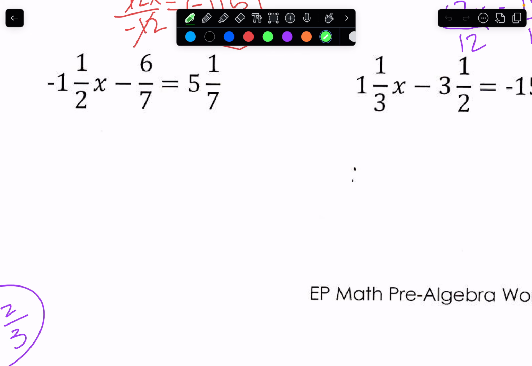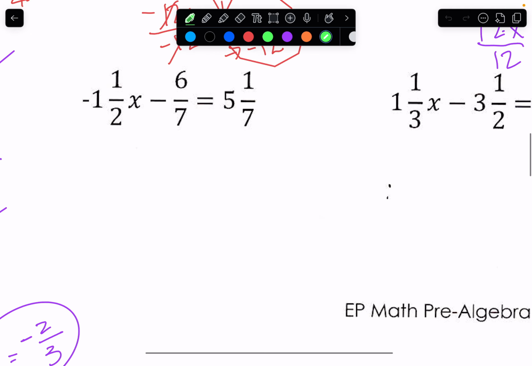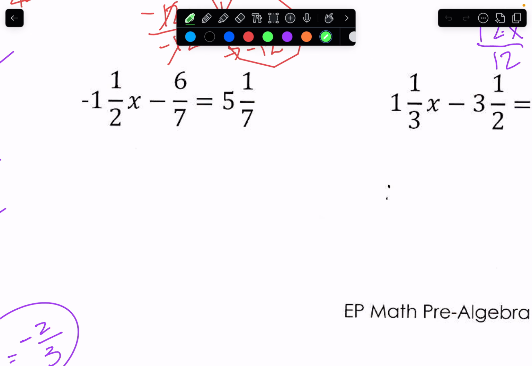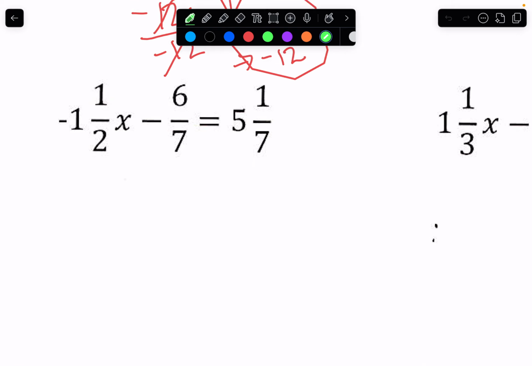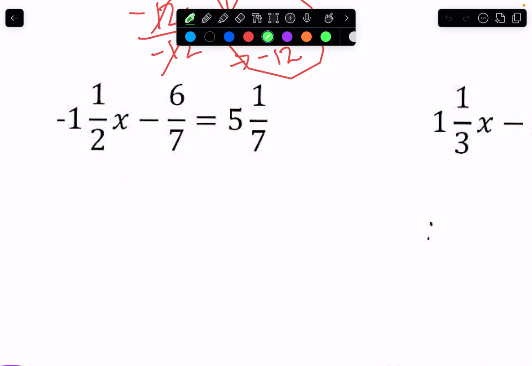All right, let's go back to looking at our two-step equations with fractions in them again. Again, we see a couple things that are frustrating to see on the bottom here. So let's handle those real quick.